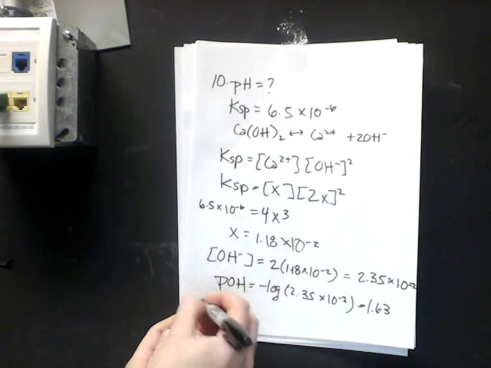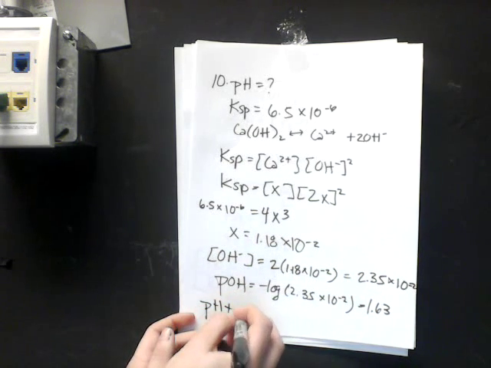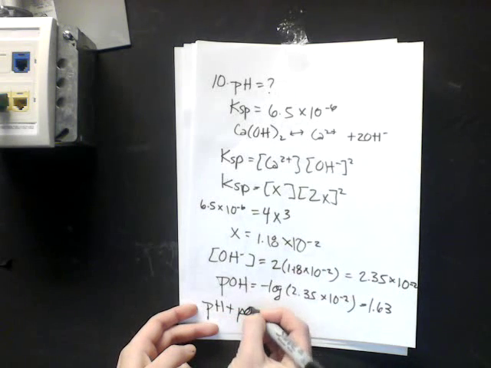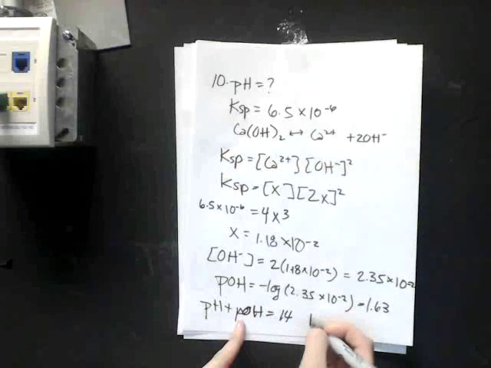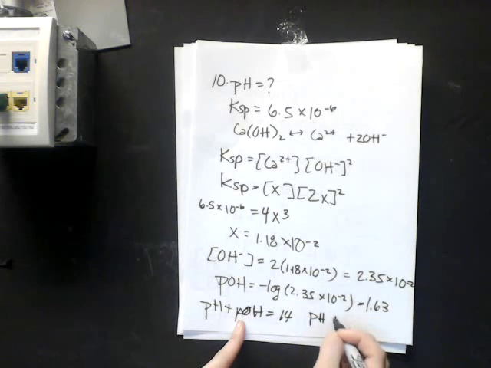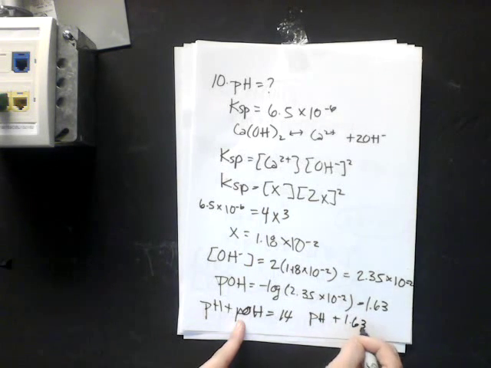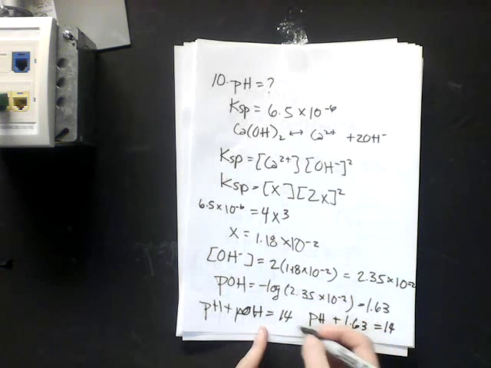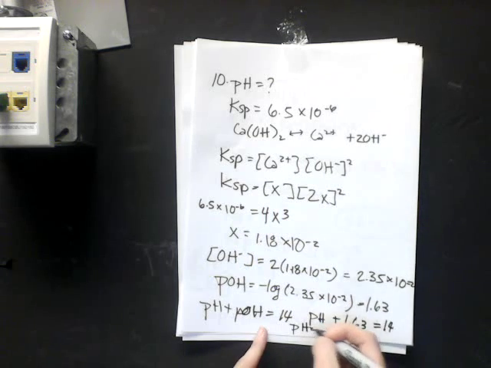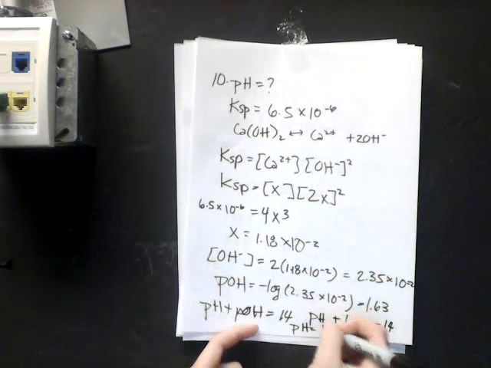So actually, we can use pH plus POH is equal to 14. Plug in pH plus 1.63 equals 14. 14 minus 1.63 will give me a pH of 12.4.